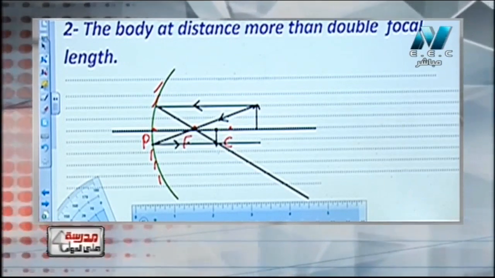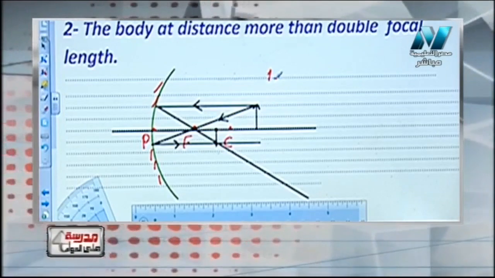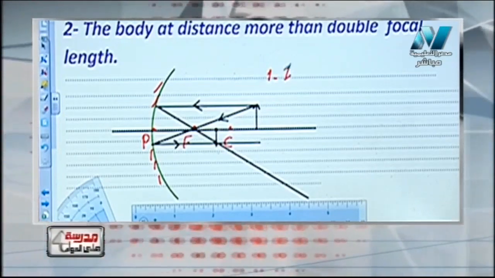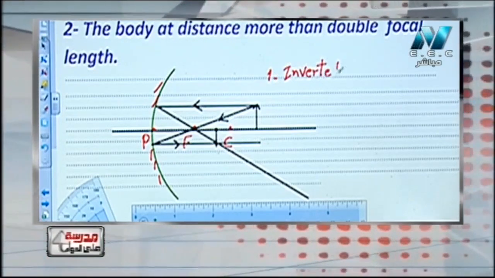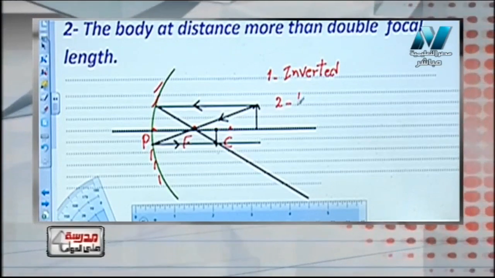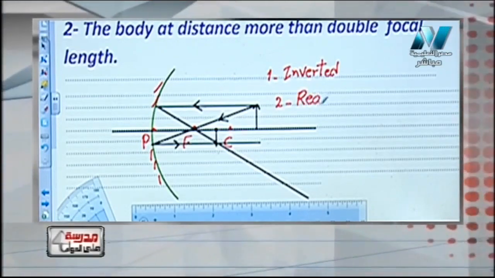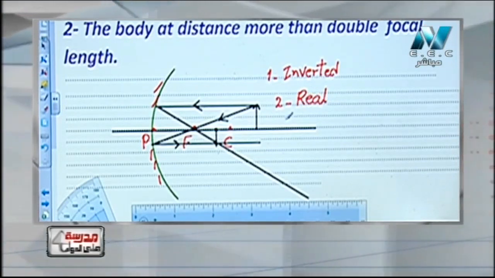Number 1, the image is inverted. Number 2, the image is real. Any inverted image is real because it can be received on a screen.